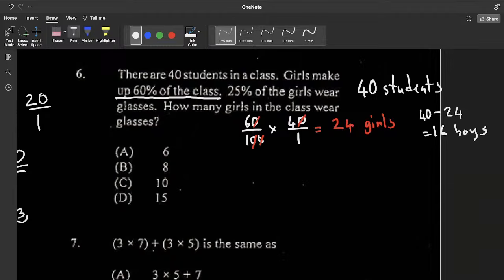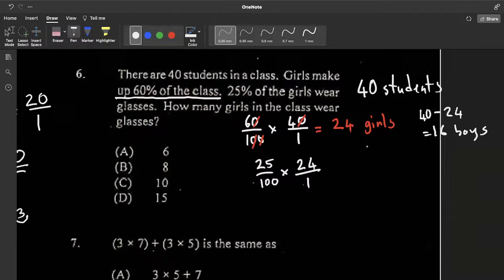How many girls in the class wear glasses? So I know that 25% of the girls wear glasses. So that would be 25 over 100 times what we just worked out here, which would be 24 girls, right? Because we're checking 25% of the actual girls in the class.